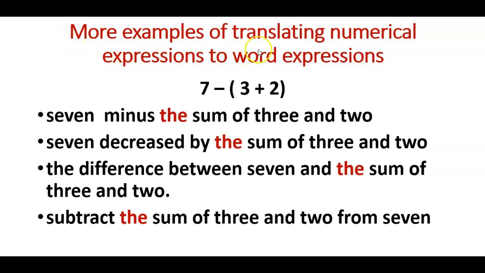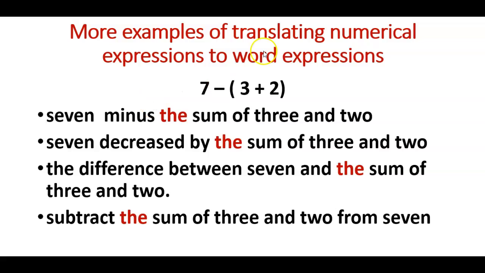Now let's have more examples of translating numerical expressions to word expressions. I have here 7 and then the minus sign, open parenthesis, 3, plus sign, 2, close parenthesis. If you're going to translate this, we know that this is subtraction sign, so we can use the word minus. And there is the parenthesis. We don't say just sum or plus or whatever word for addition.